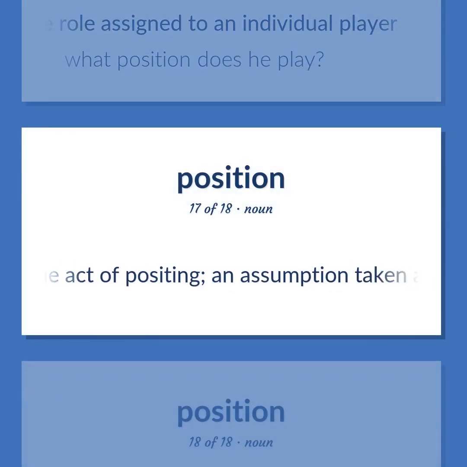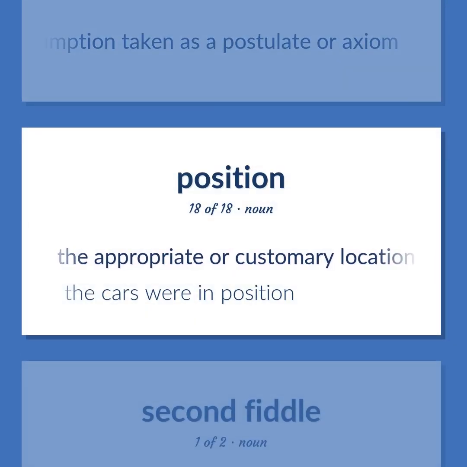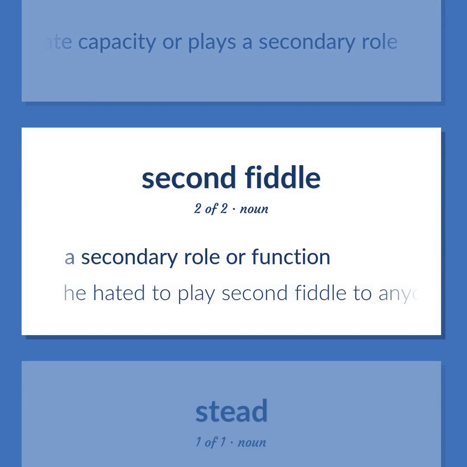The act of positing, an assumption taken as a postulate or axiom. The appropriate or customary location. The cars were in position. Someone who serves in a subordinate capacity or plays a secondary role. A secondary role or function.